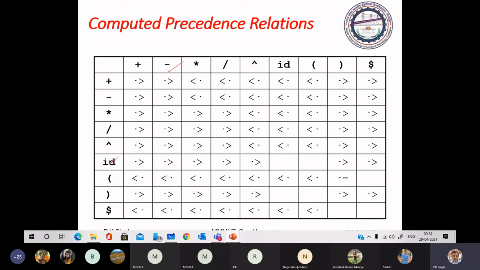In that case, you will get this precedence relation.